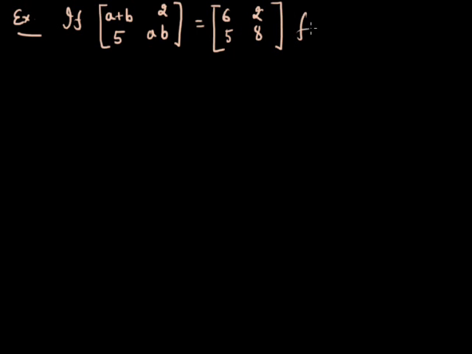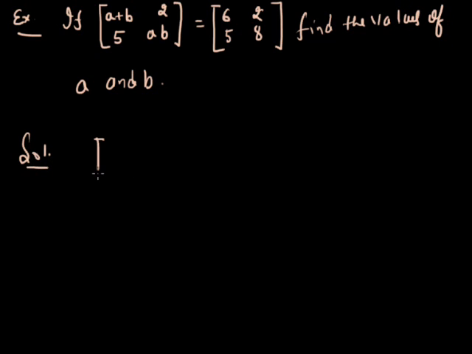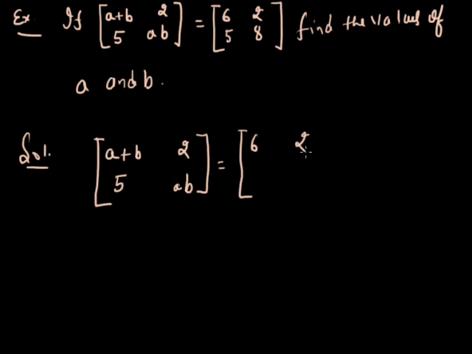Then find the values of A and B. तो हमें A और B की वैल्यू निकालनी है. तो कैसे होगा बेटा, देखते हैं. A plus B, 2, 5, AB equal to 6, 2, 5, 8.